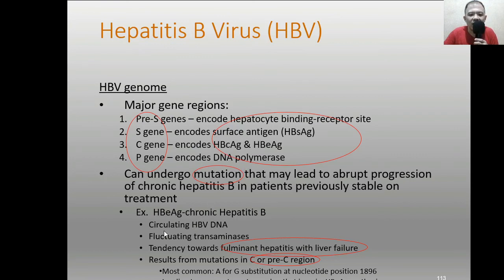And it can undergo mutation that can lead to abrupt progression of chronic hepatitis B. There are patients that have been given an antiviral, but for no apparent reason in the near future the antiviral will not anymore be effective, or will not anymore decrease the level of the HBV DNA.